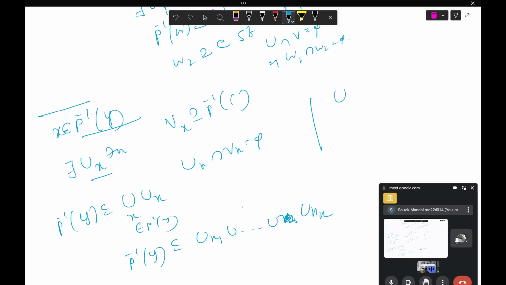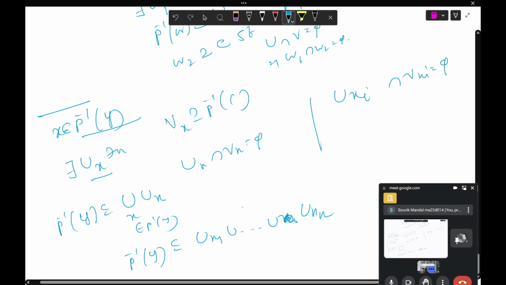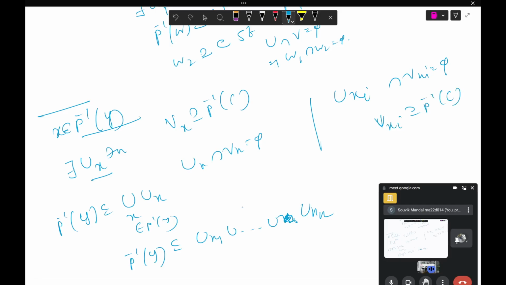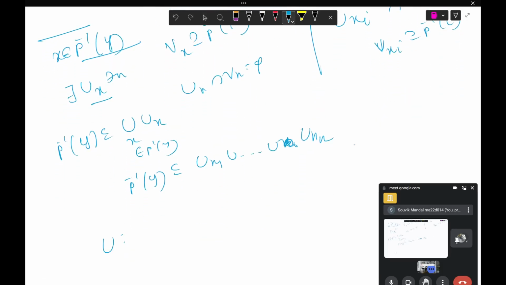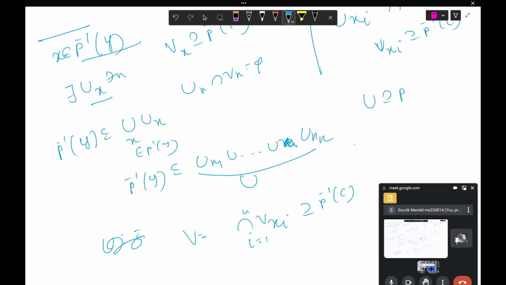For each Uxi you already have Uxi intersection Vxi empty, and each Vxi contains the set P inverse C. Now take U to be this union and V to be the intersection of the Vxi, i equals 1 to n. Then V contains P inverse C, U contains P inverse y, and due to this construction U intersection V is empty.